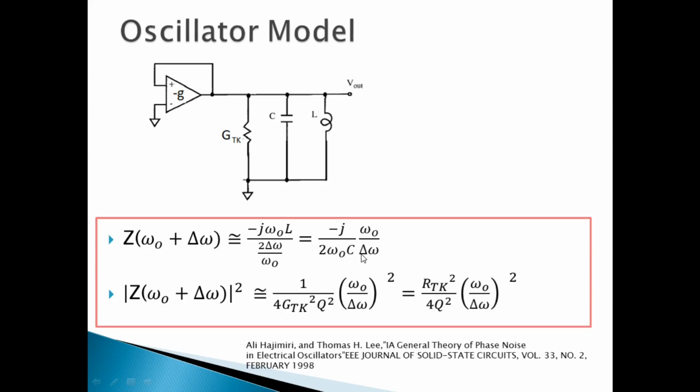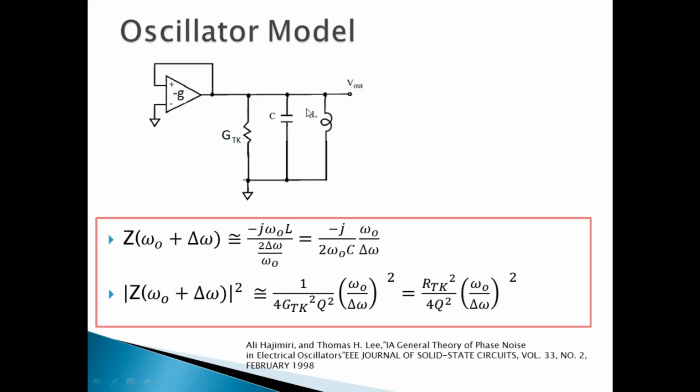So it makes sense since at resonance the tank circuit has GTK as the conductance, and if the carrier frequency shifts, then it is either L or C, whichever dominates. So the noise injected into the LC tank will be converted into a voltage across L or C.